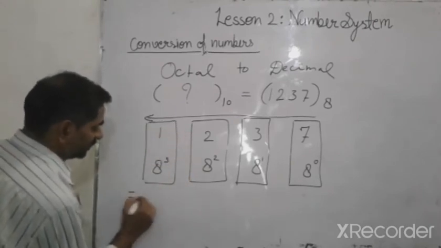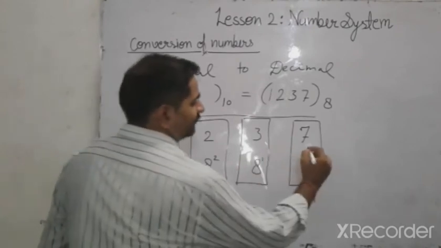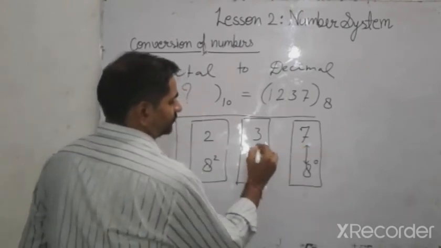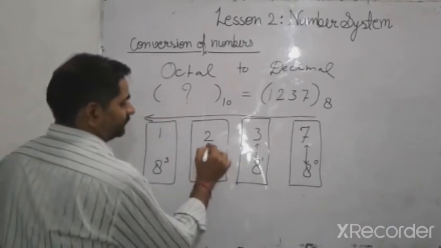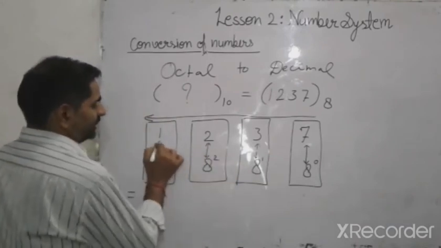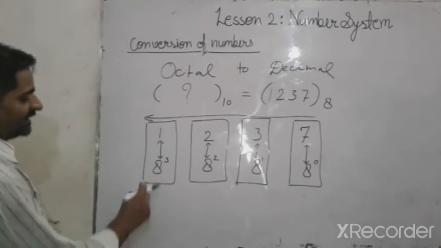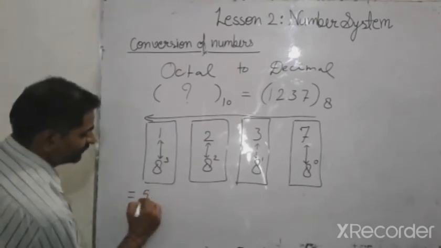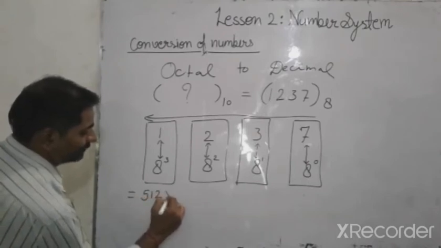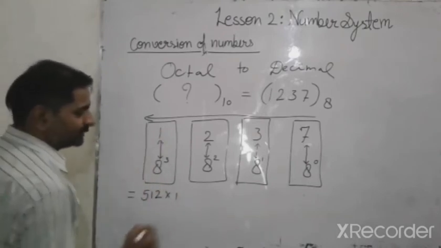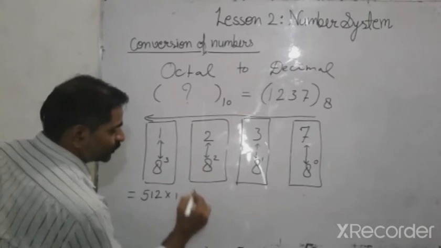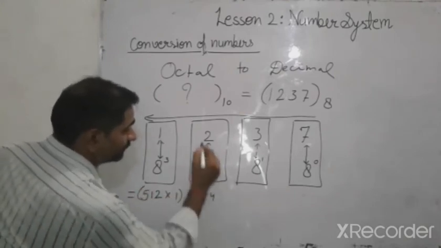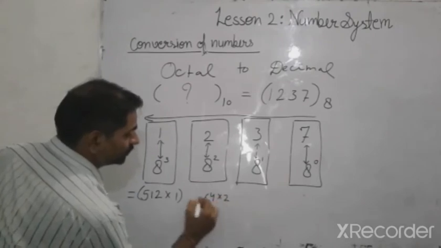Now in all pairs you have to multiply both values. So you can see here, 8 cube means 512 multiplied by 1. 8 square, 64, into 2.